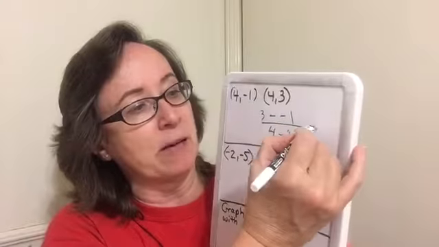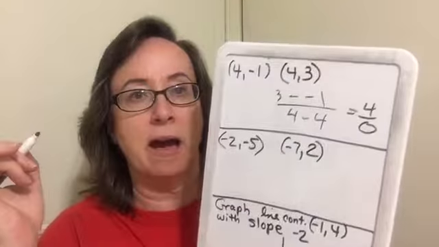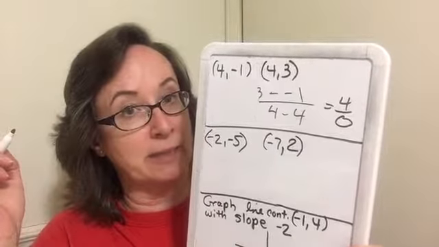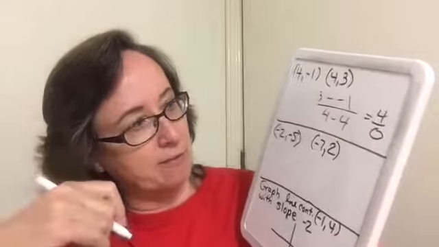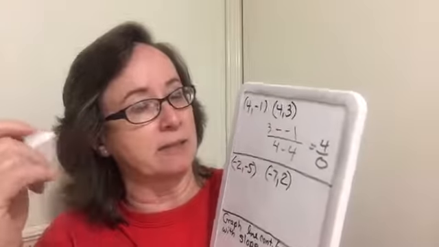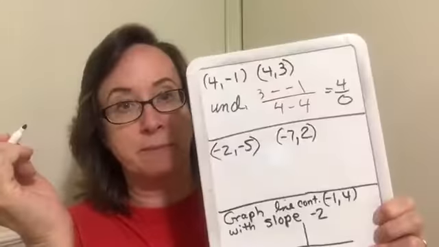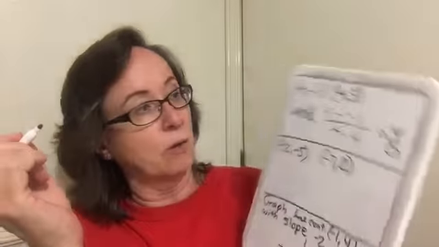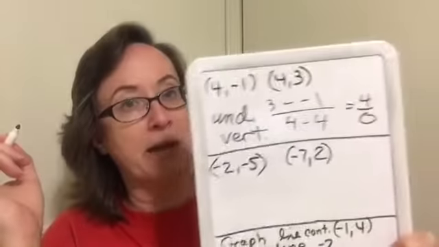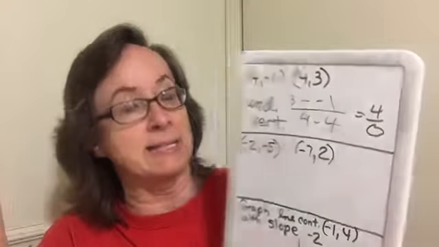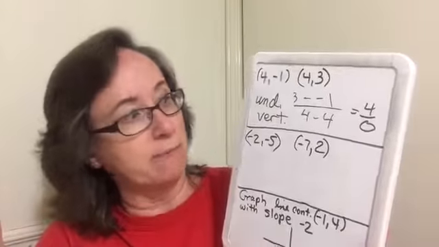Since I have a 0 in the denominator, and I wind up with a 4 on the top, whatever I have on the top really doesn't matter because I have an undefined number here, so we have an undefined slope. And we talked about undefined slopes being vertical lines. And if you plotted those 2 points, you would see that they are definitely one right above the other.